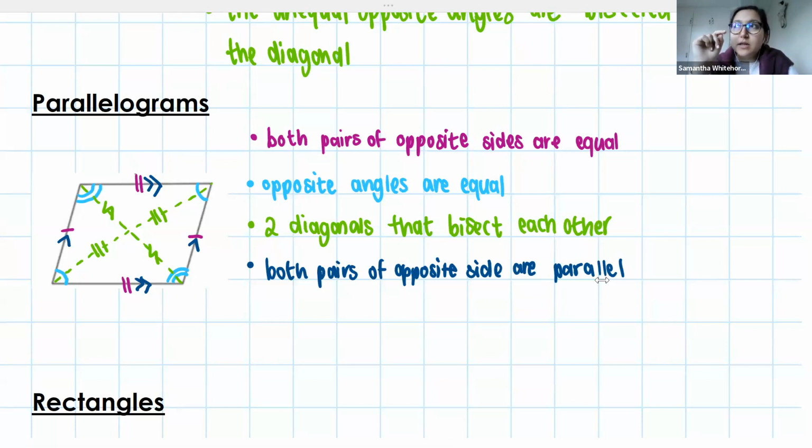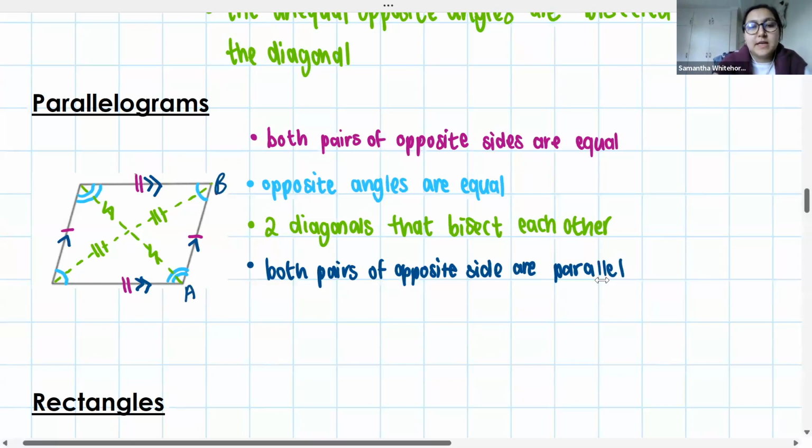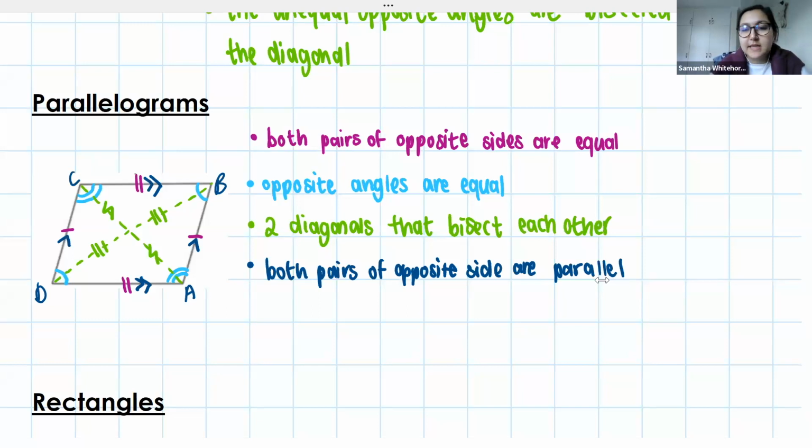So guys, basically, when you're saying consecutive angles, if we took angle A plus angle B, we'll get 180. If we said angle B plus angle C, we'll get 180. If we said angle C plus angle D, we'll get 180. And that's all because of the parallel lines creating co-interior angles. And so if you think back to your parallel line reasons, that's where that comes from.